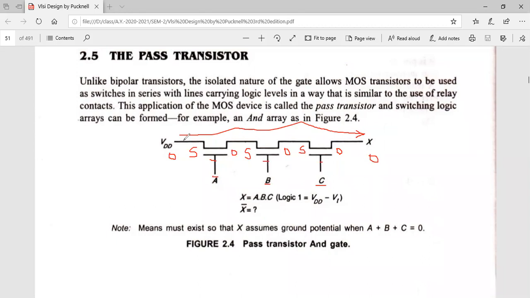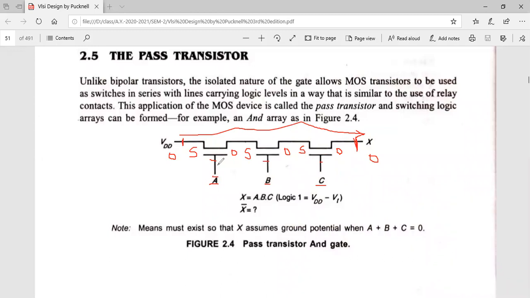This can happen only when all three transistors satisfy their threshold voltages and conduct. Then only is the transistor said to be on. That means A, B, C should be in the saturation region. Saturation means on, cutoff means off.